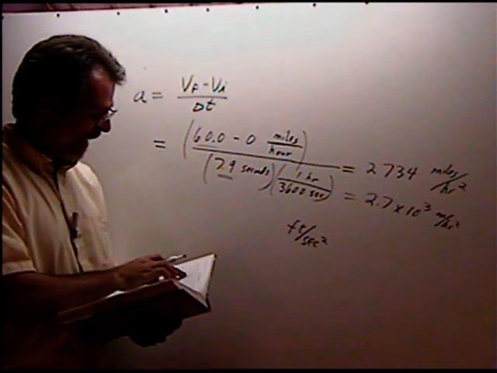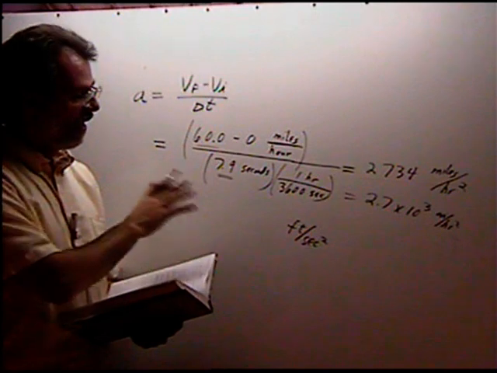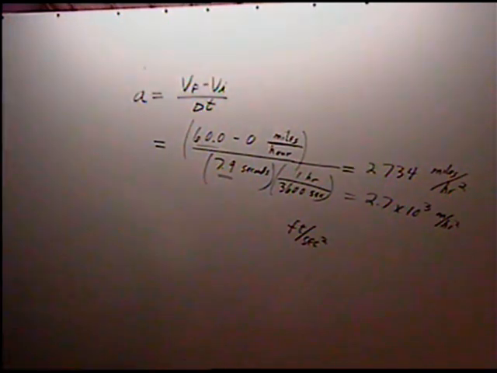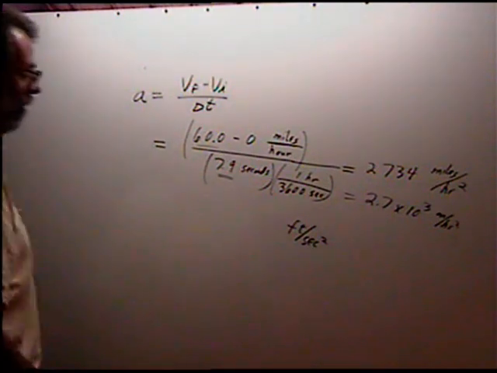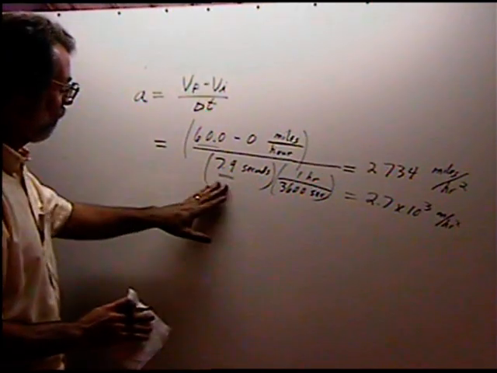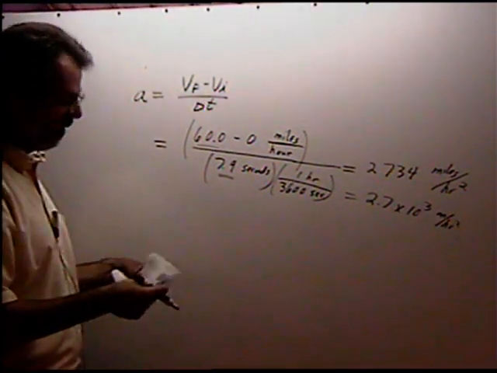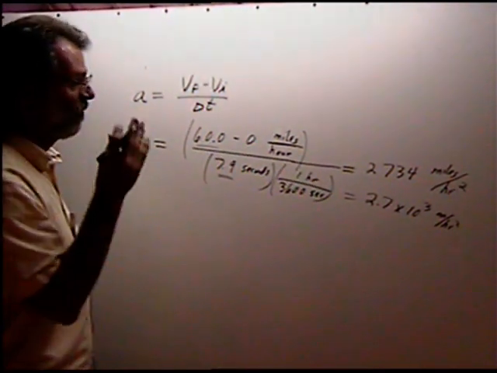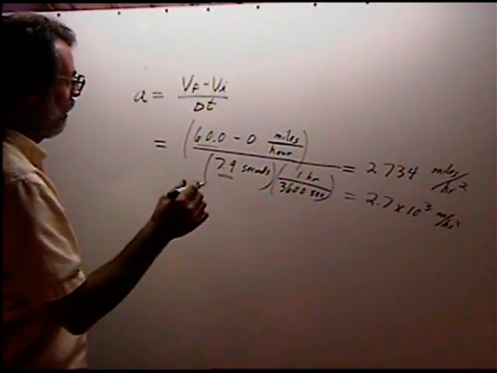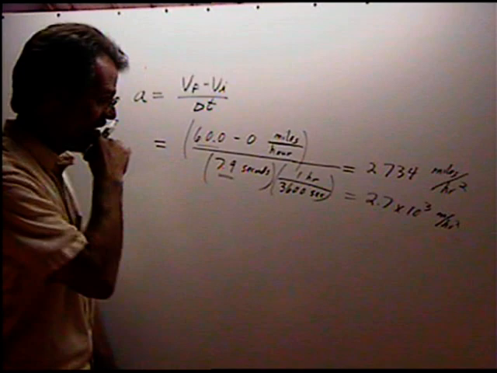Okay, number 3, how far does the BMW travel during this acceleration? In other words, it accelerates for 7.9 seconds, but what is the distance traveled? Well, there's actually a couple of ways to handle this.